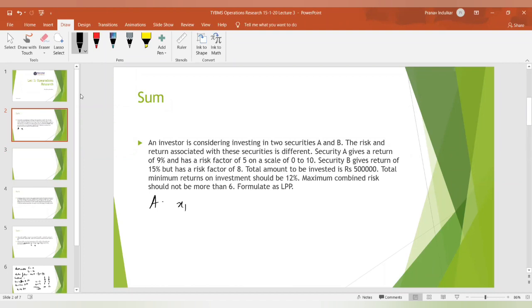This is amount. Amount invested in A is x1. Amount invested in B is x2. Objective function. What is the objective function?